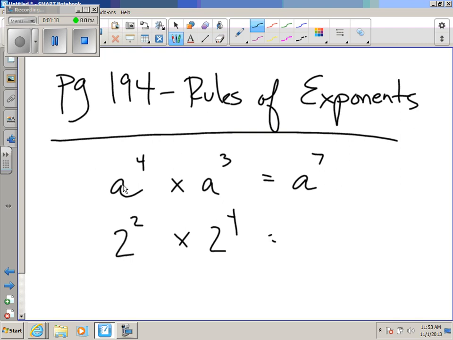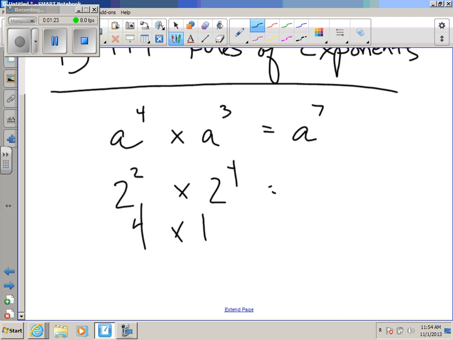2 squared is 4. 2 to the third power is 8. 2 to the fourth power is 16, okay? What is 4 times 16? 64, right?